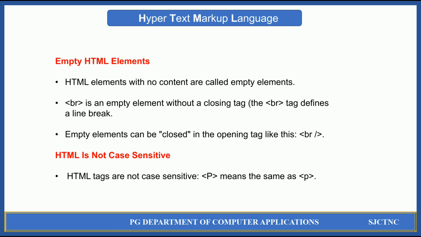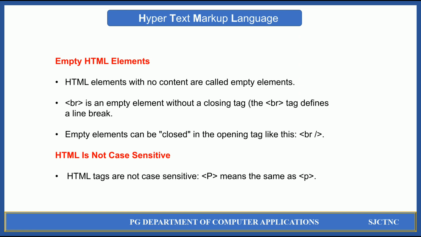Then we will see what empty HTML elements are. I already said that each opening tag should have a closing tag. But some elements don't have closing tags. Those tags are called empty HTML elements. For example, the br tag, that is the break tag.